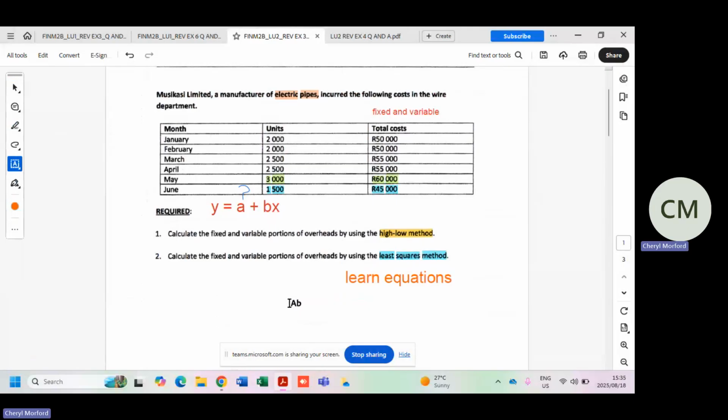You're going to make 2 new columns, in which case you have to do 2 calculations. You're going to take each value of X and square it. And then you're going to make a last column for XY, the product of X and Y. So in every month, you're going to take X and times it by Y. And then in each of the columns, you're going to have a total at the bottom. So you're going to have sum of X, sum of Y, sum of X squared, and sum of XY. Once you've got those values, remember, you must do a table with all the values in because you get method marks.